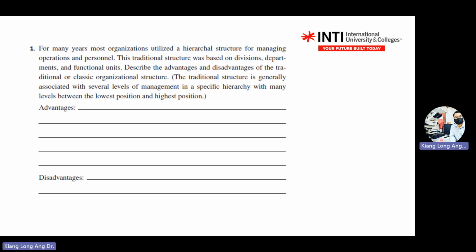Where is the customer? The customer is here: project A customer, project B customer, project C customer. What do you think if a customer calls in and says, I want to know the progress of my project? Will the response be fast or slow? Why?